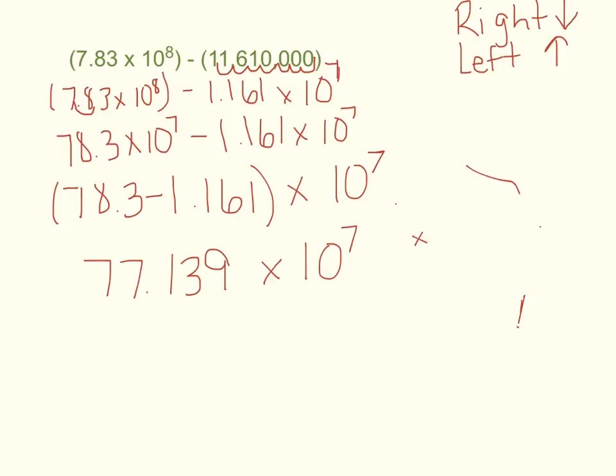And I needed only a number in the ones place. So I'm going to have to move my decimal point over 1. So I get 7.7139. I moved my decimal to the left, so I'm going to go up with my exponent. So it would be times 10 to the 8th power. So my final answer would be 7.7139 times 10 to the 8th.